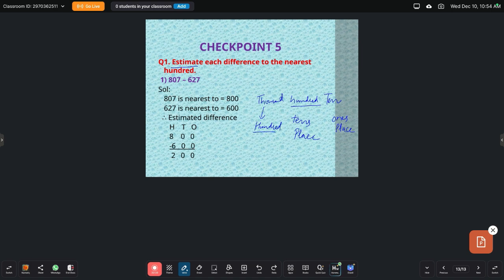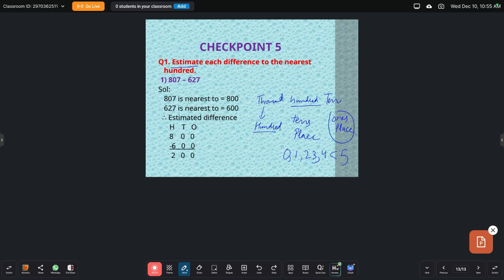If the digit at ones, tens or hundreds place is 0, 1, 2, 3 or 4, it is less than 5. 0 is less than 5, 1 is less than 5, 2 is less than 5, 3 is less than 5, and 4 is obviously less than 5.